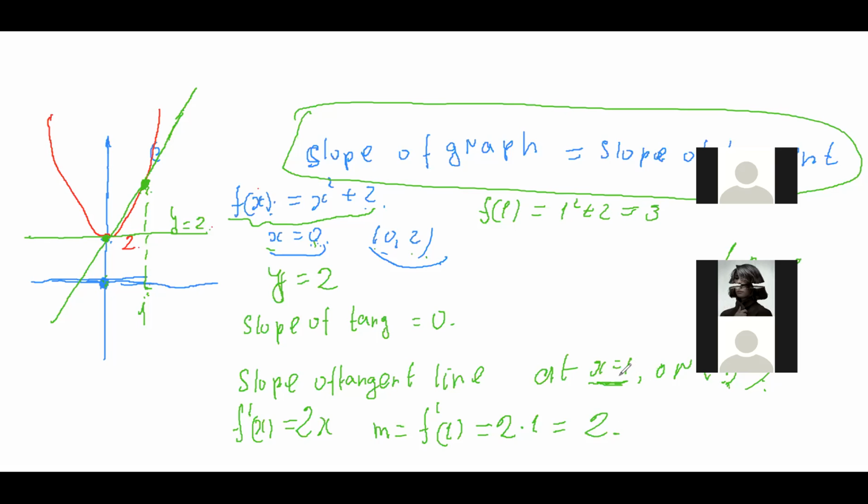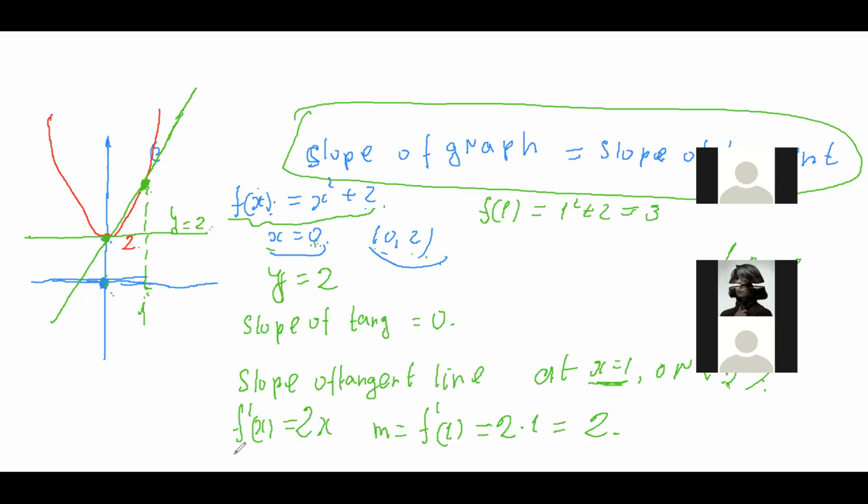By the way, we verbally decided that the tangent line at the point x equals 0 is a horizontal line, and the slope of this tangent line is 0.